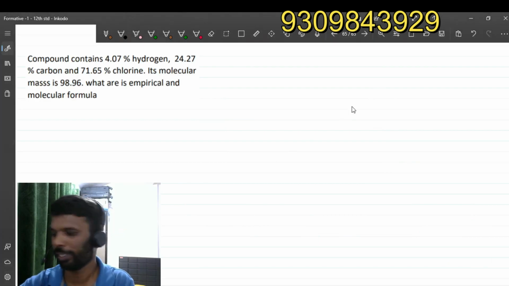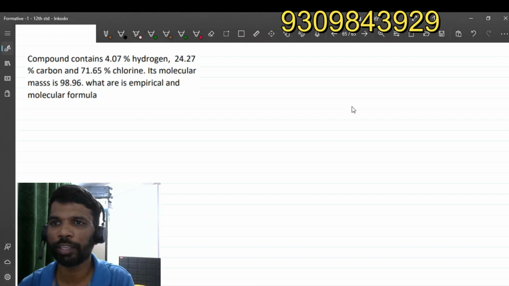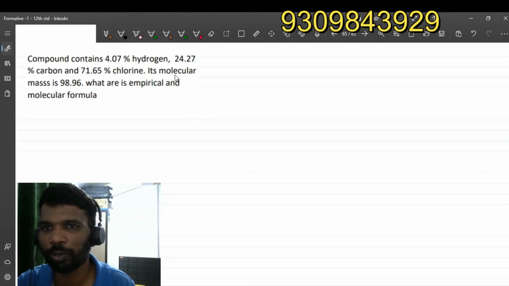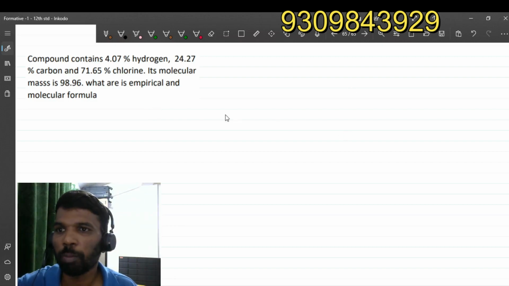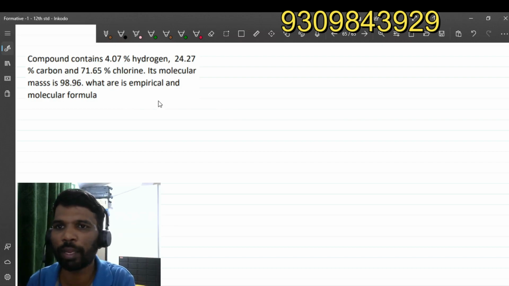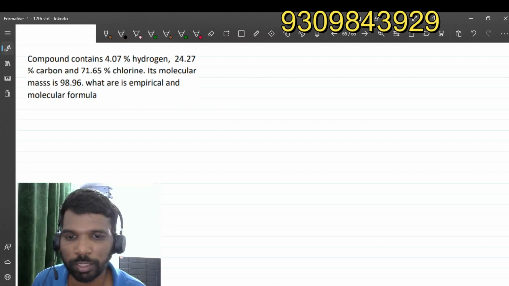Okay, let's solve this. The question is: a compound contains 4.07% hydrogen, 24.27% carbon and 71.65% chlorine. Its molecular mass is given, means molar mass is given of the given compound. What is the empirical formula and molecular formula is asked in this case?